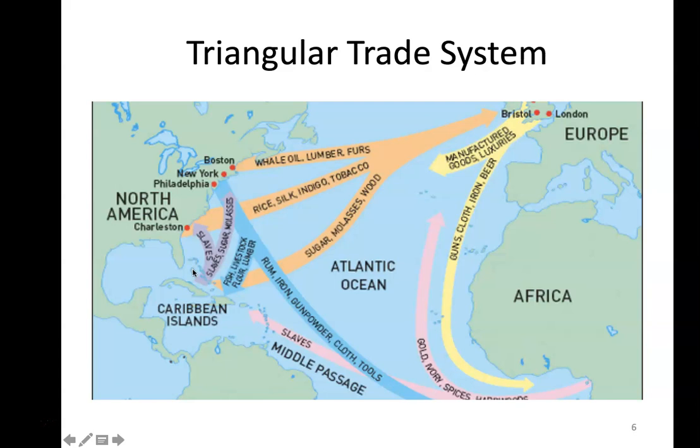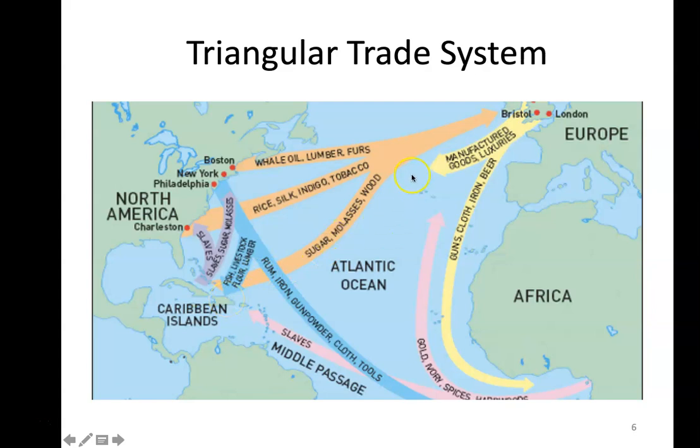And in return, you see unfinished goods mostly being sent back to England, such as whale oil, lumber, furs, rice, tobacco, sugar, if it's coming from the Caribbean area.